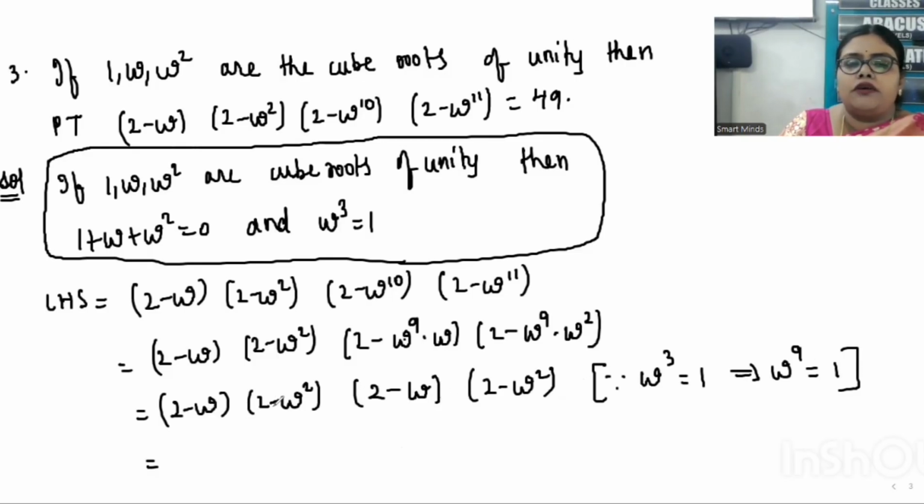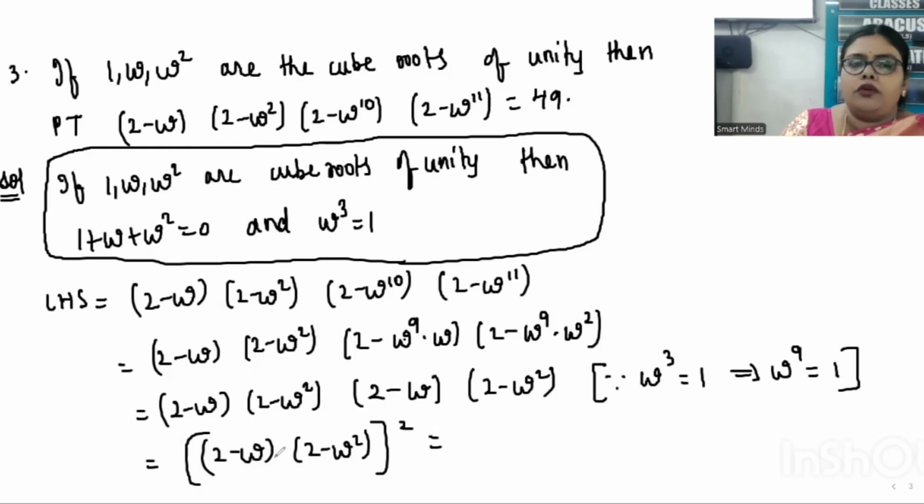So the first two terms are repeating. We can write this as 2 minus omega into 2 minus omega square, whole square. Now within the bracket you have two terms. Let us multiply them. So 4 minus 2 omega minus 2 omega square plus omega cube.